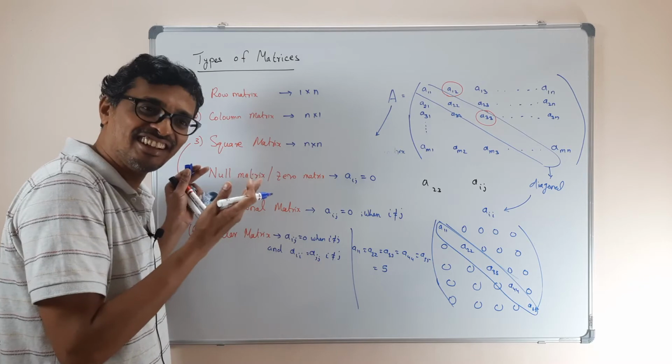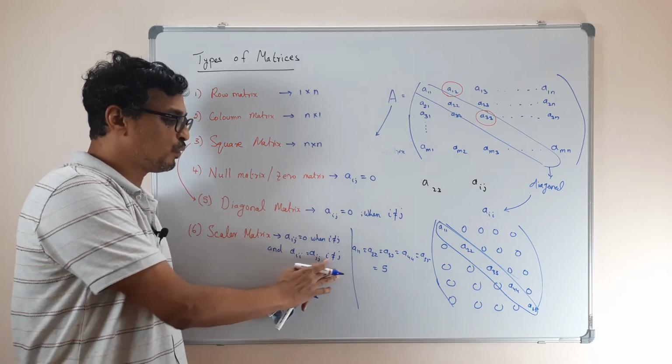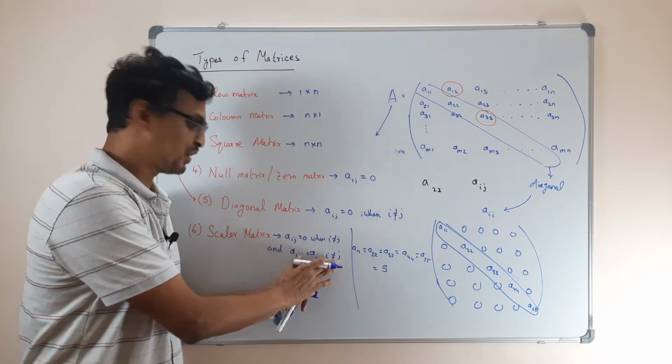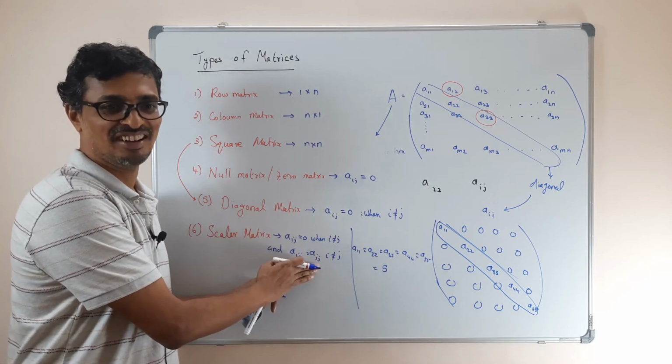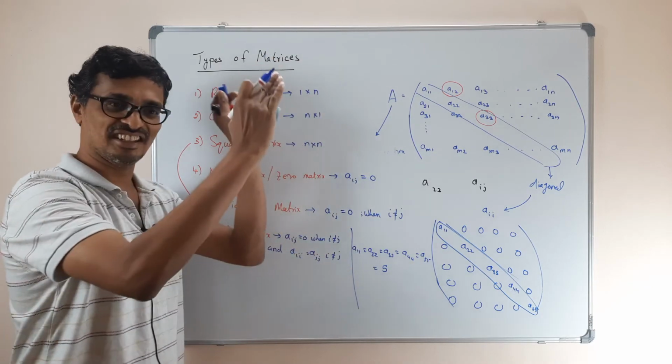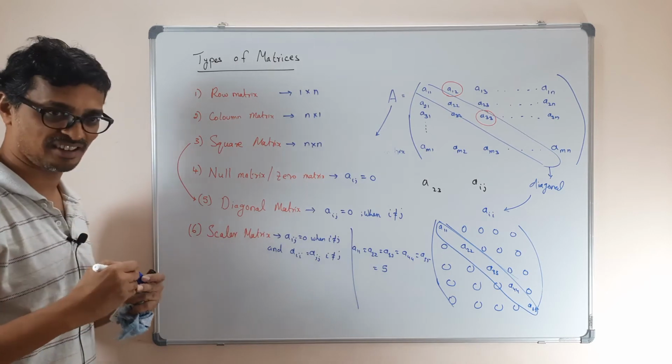This is the way. A of 1,1. So if I take i equal to 1 and j equal to 2, so i is not equal to j, so A of 1,1 should be equal to A of 2,2. So it happens for all i's and j's. So this is what you call a scalar matrix.